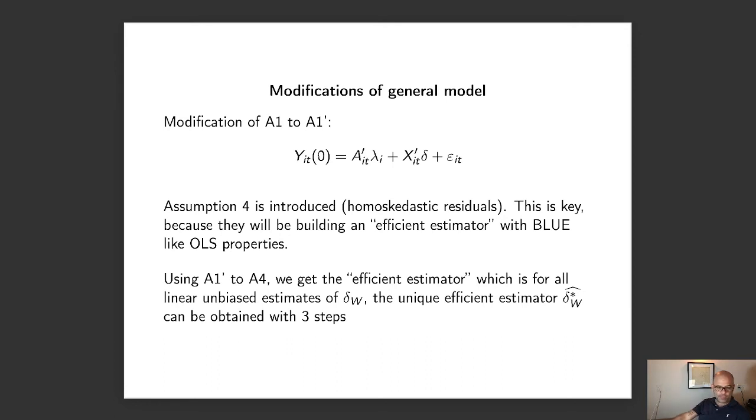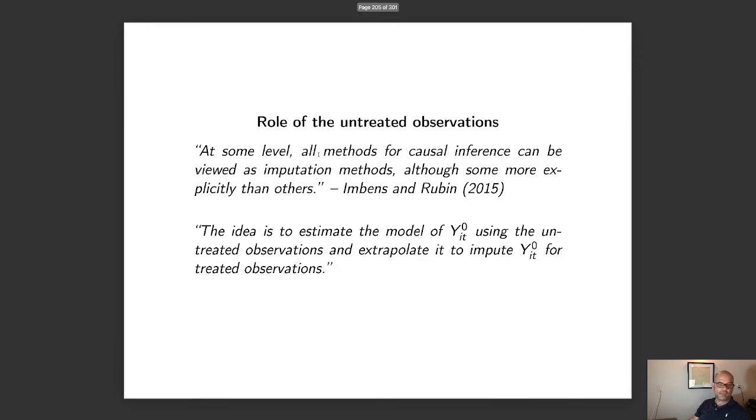So I think it's A1 prime, A2, and A4. So we're going to lose the homogeneity assumption, and we're going to get the efficient estimator, which is for all linear unbiased estimates of that weighted delta, that efficient estimator can be obtained in 3 steps, and it's efficient. So what are we doing?